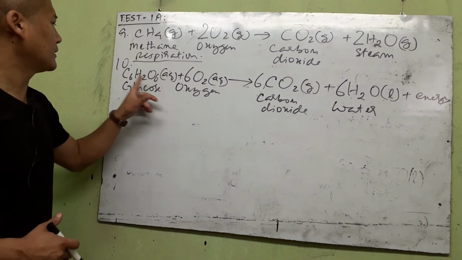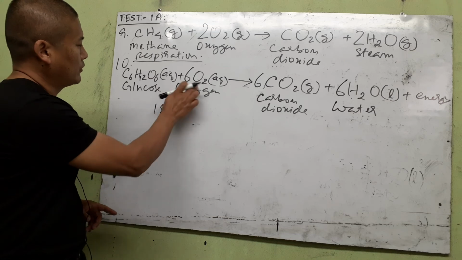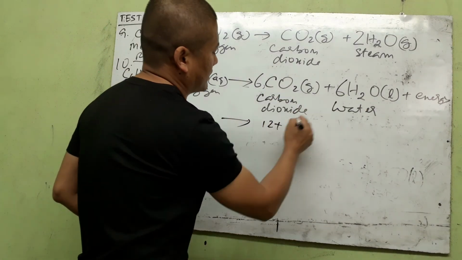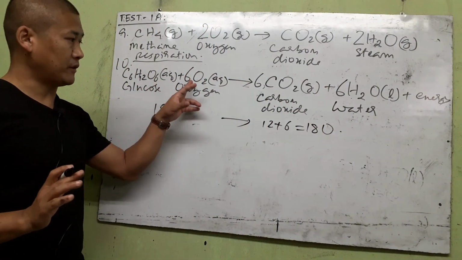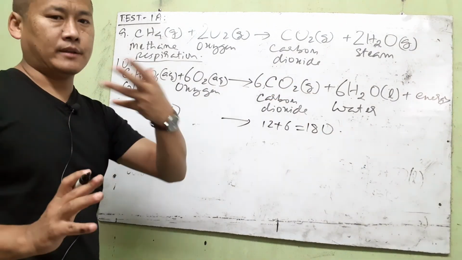So O is 6, 6 1s are 6, and then 6 2s are 12, 18 O. 12 plus 6, 18. Right side, 6 2s are 12, plus 6 1s are 6, 18 O. So this is quite easy, because the moment we balance hydrogen in the equation, oxygen automatically gets balanced.